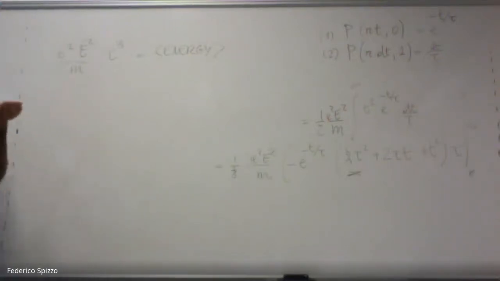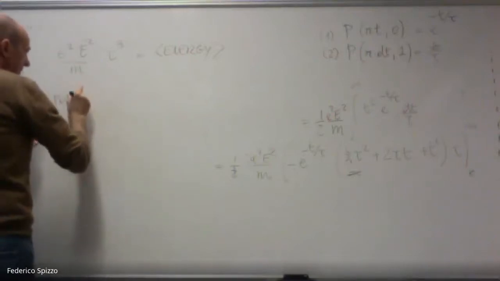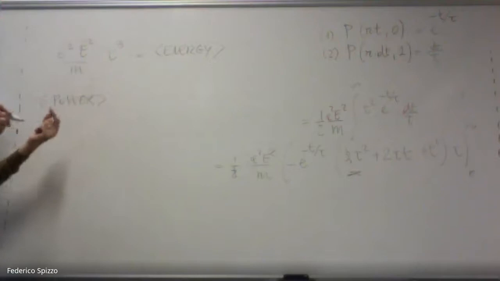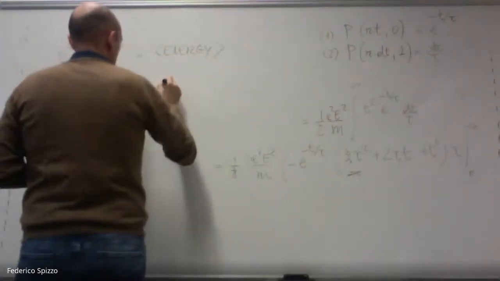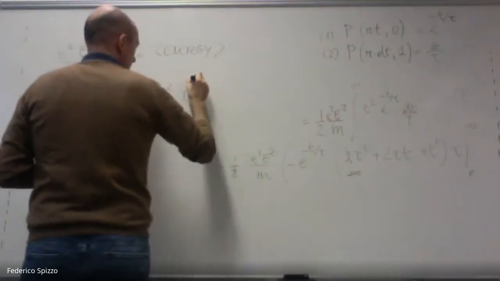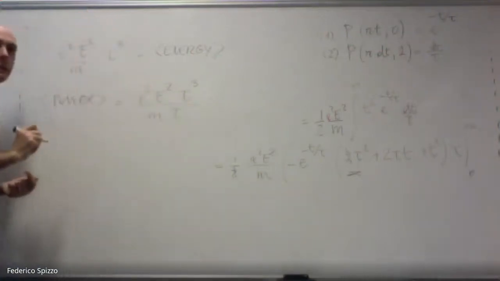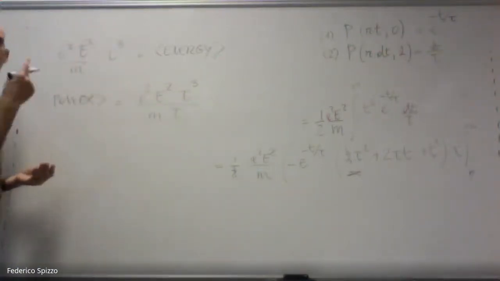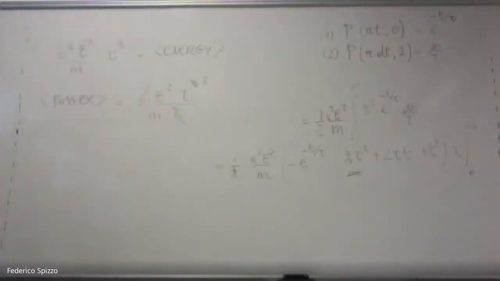In this case, the unit time is the average time between one collision and the next, and that is equal to the relaxation time. So the average value of the power loss by one electron is equal to E squared, electric field squared, relaxation time to the power of 3, divided by the mass and by relaxation time. So in this case, the relaxation time is the unit time. So we have the relaxation time to the power of 2.